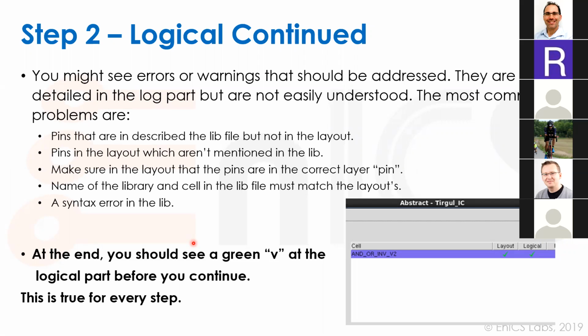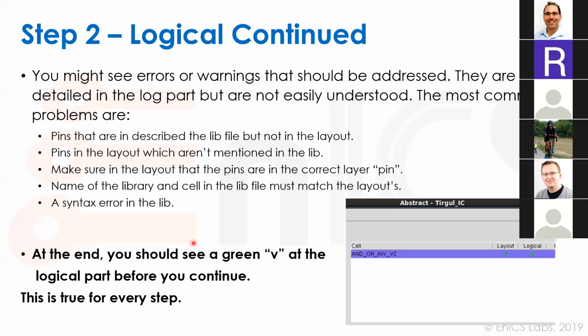The one you're going to be providing is a lib and a LEF anyway, so usually you read that out of the lib file and it will look for the pin names in the lib file. But sometimes it's faster at an early stage to provide a Verilog wrapper that shows the names of the pins and their directions and so forth. So you can provide a Verilog instead of a lib file at an early stage.